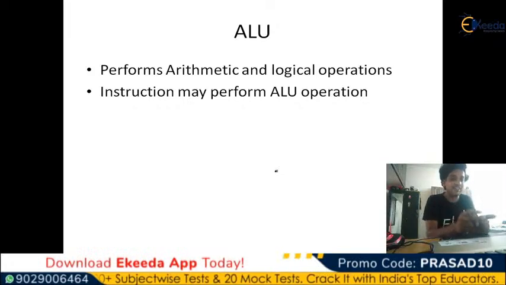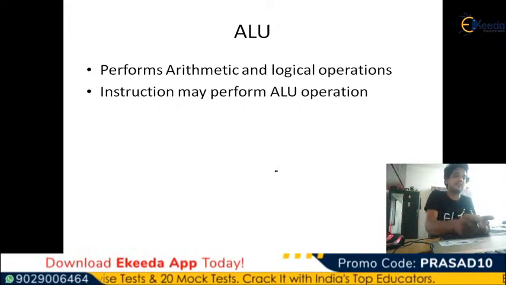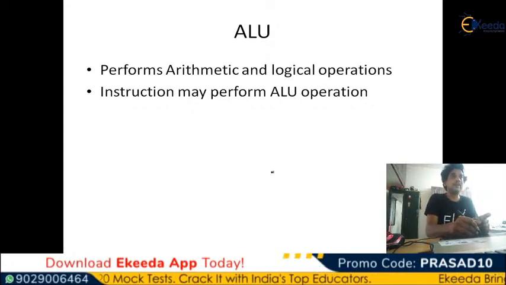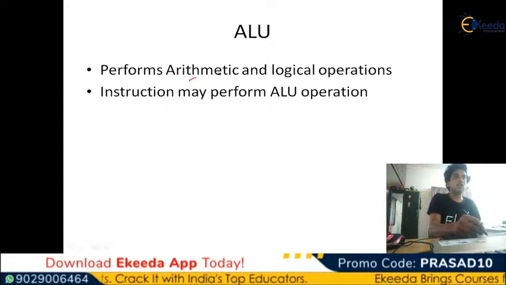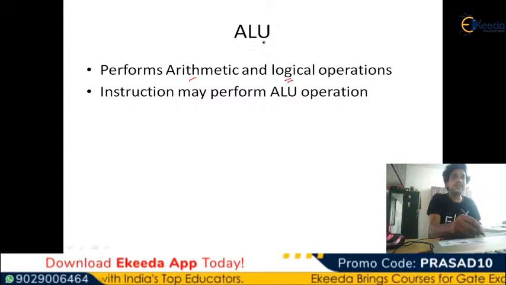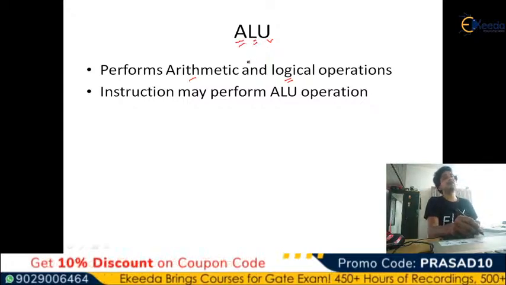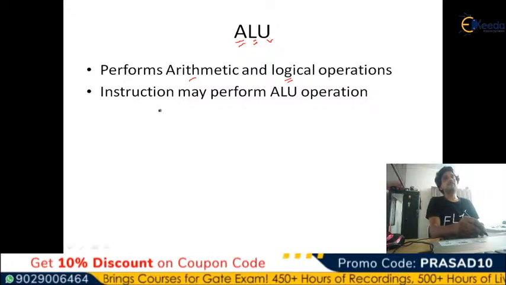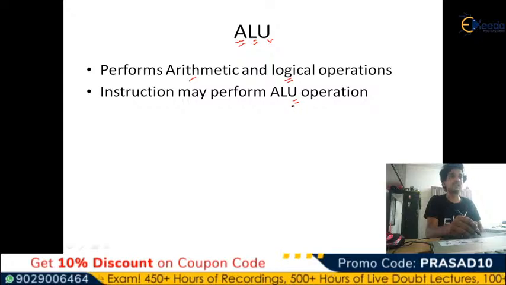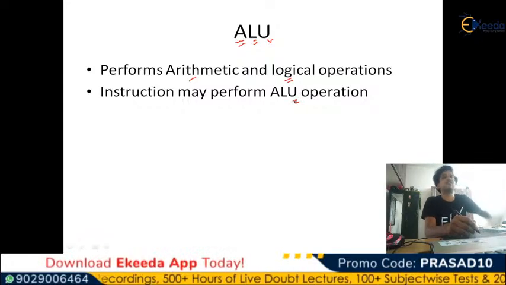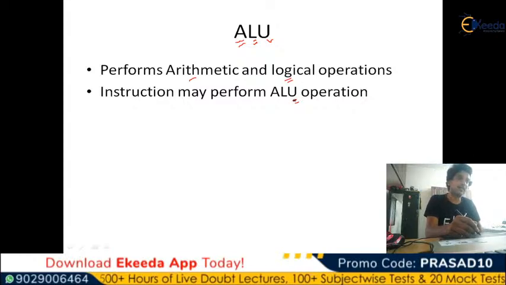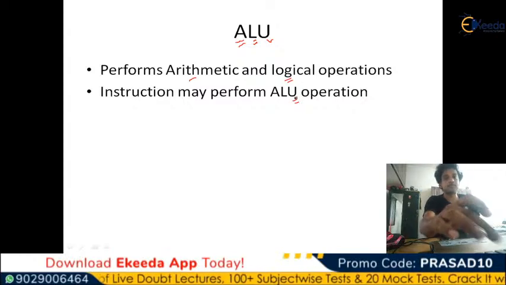Each and every instruction, when it gets executed, is going to perform either an arithmetic operation or a logical operation. This is done in the ALU. The instruction will perform an ALU operation, but there is some exception. Some instructions won't perform any ALU operation. But during the course of this computer architecture, you are going to understand the different types of instructions.